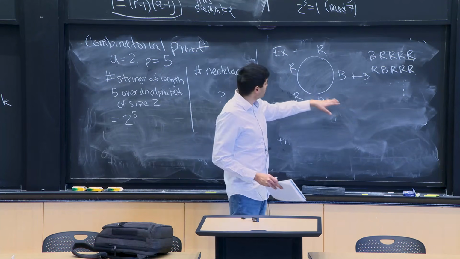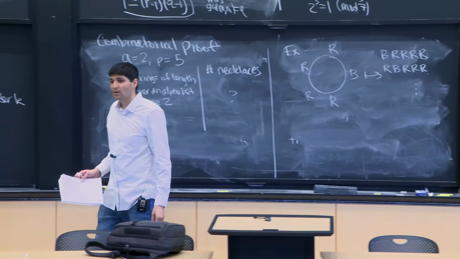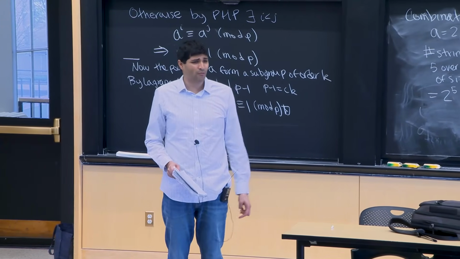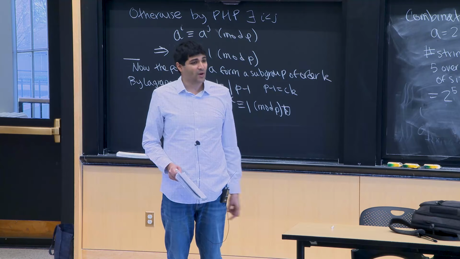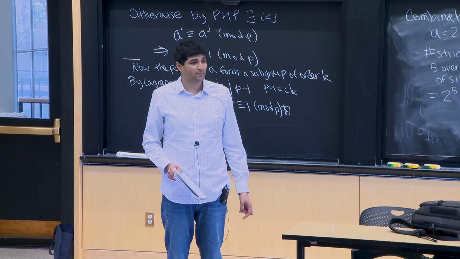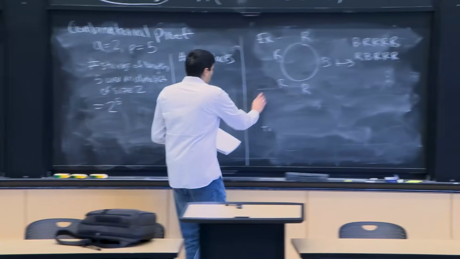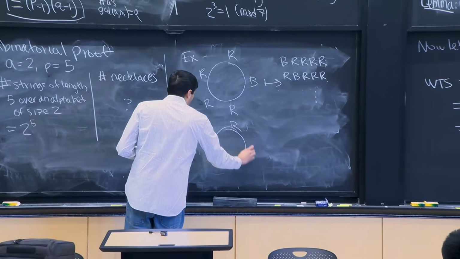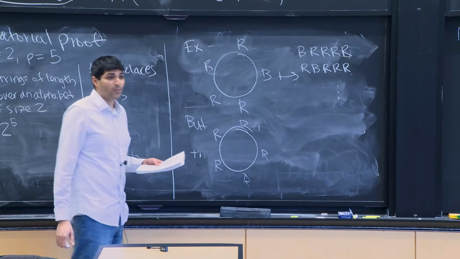Now, there are some necklaces which don't come from 5 different strings. Can anyone give me an example of a necklace that can only come from one of the 32 possibilities? All reds. All reds, perfect. Well, there's 2 of them. We could take all red, and we could take all blue.